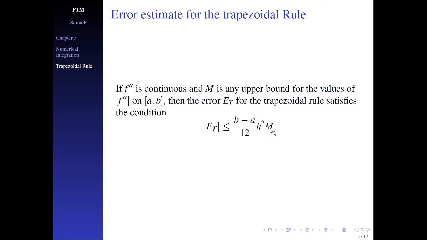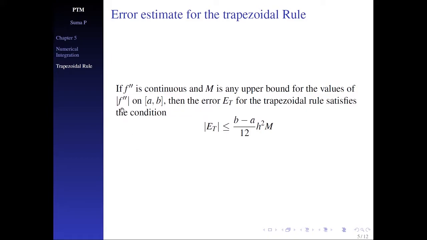Here a and b are the limits of integration, a to b, so b minus a by 12. h is the increment, that is x0 plus h, that small value. And M is the upper bound of the modulus of f double dash x, the second derivative.